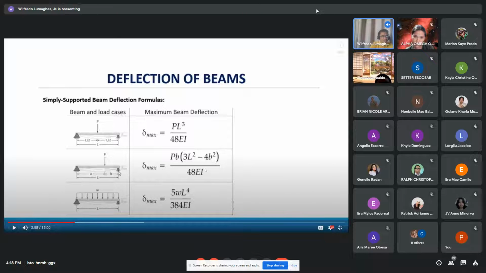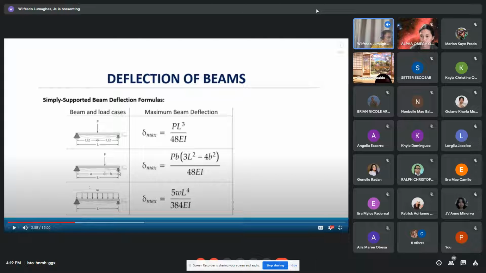Kung ang value sang A kag B equal, ang aton nga makuha nga formula is the same sa aton nga first nga formula which is PL cube all over 48 EI. So the same na once ang imo nga A kag B parehas ang value.